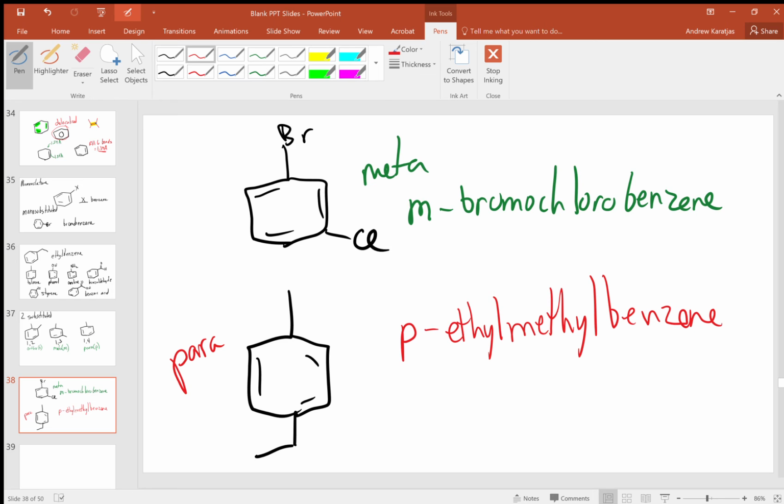But didn't we just learn a few minutes ago that methylbenzene has another name? We did. We learned that methylbenzene is also known as toluene. So we can simplify the name and substitute toluene for methylbenzene.